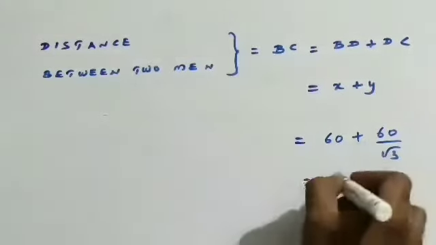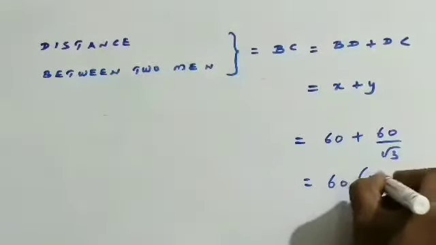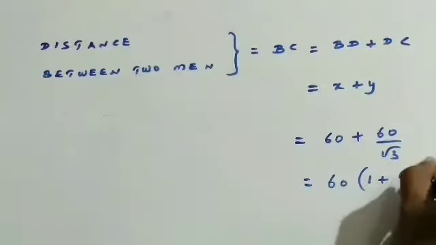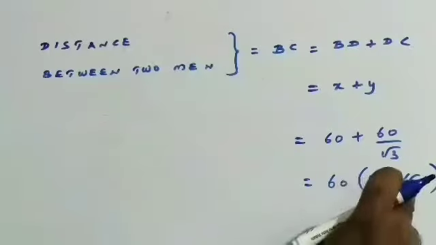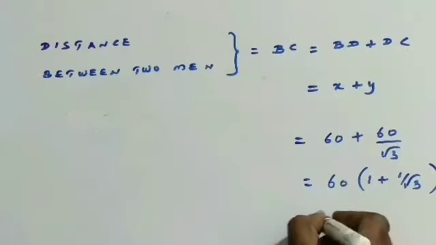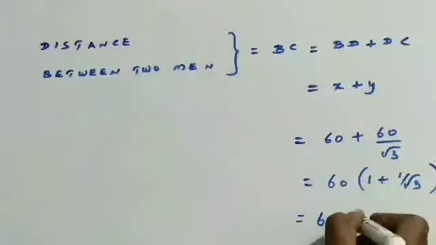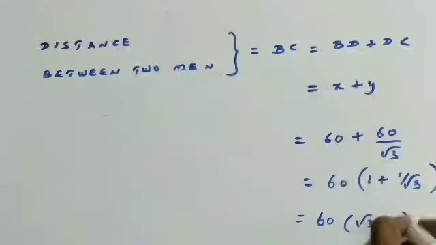Here we can take 60 as common. So 60 into 1 plus 1 by root 3. 60 into 1 is 60, plus 60 into 1 by root 3. Now that is 60 into root 3 plus 1 by root 3.